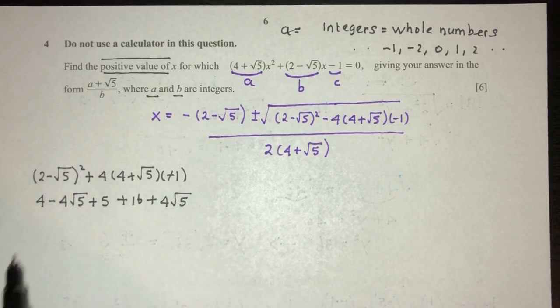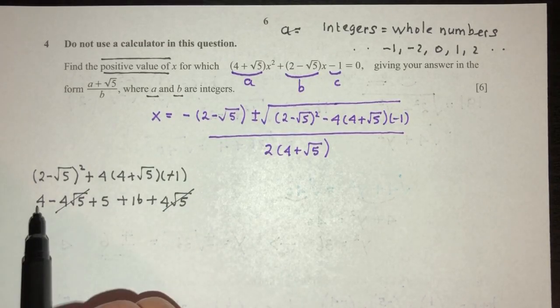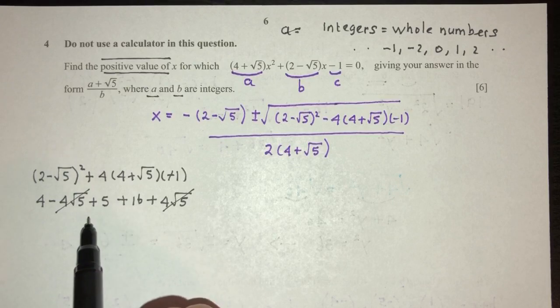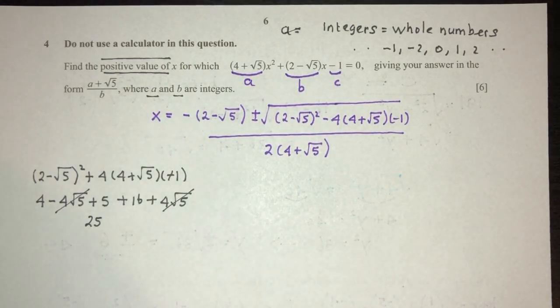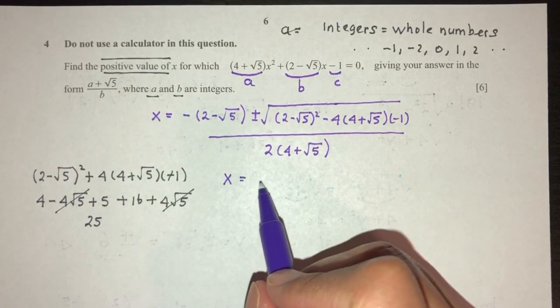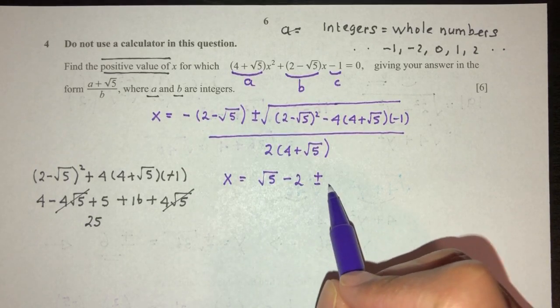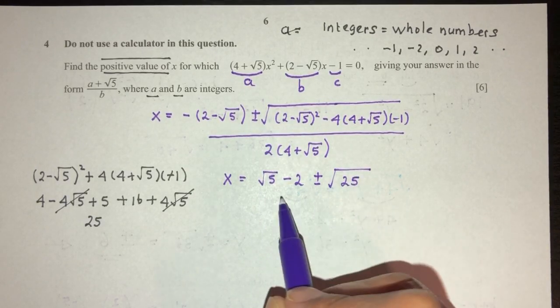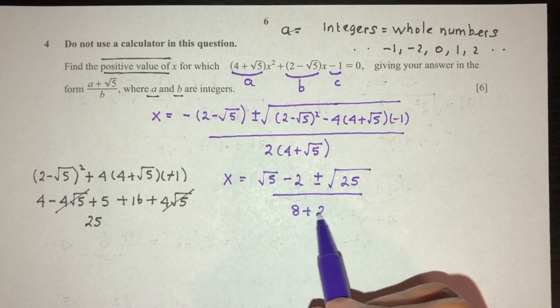Now we can simplify. You will have these two cancel out, and that will be 4 plus 5 is 9 plus 16, that will be 25. So this becomes 25. So let's write this down. X is equal to, this will be root 5 minus 2 plus minus root of 25 over, that will be 8 plus 2 root 5.